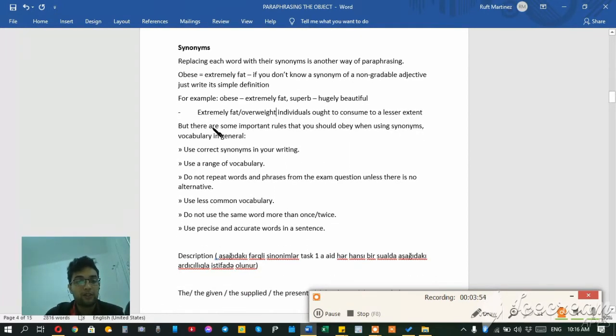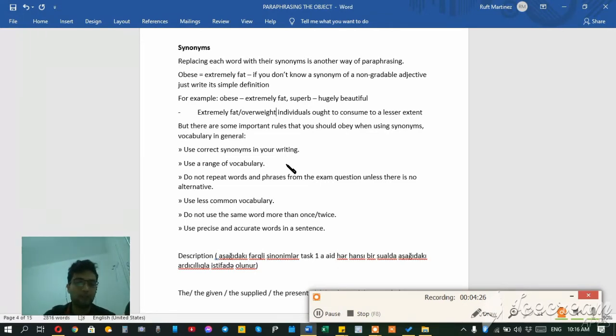But there are some important rules that you should obey when using synonyms, and vocabulary in general. Use correct synonyms in your writing, which means you see the word obese, right? And let's say you know a synonym for that word, but you are not sure if it exactly means the same as that one. It may not be the same. So make sure that you have the correct synonym.